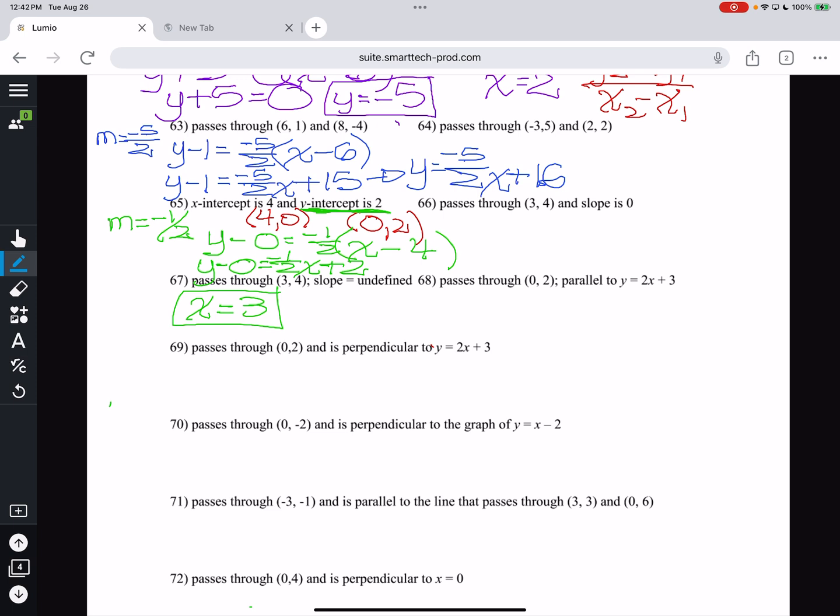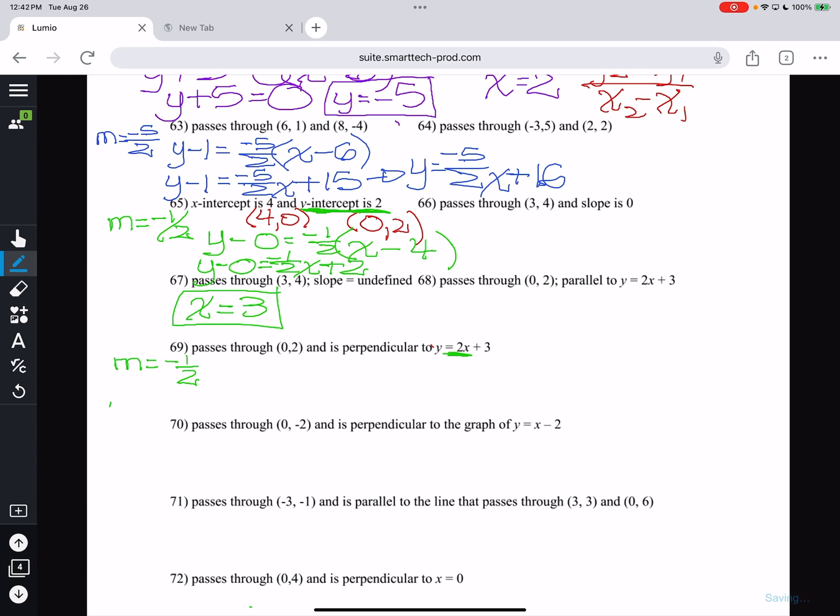And what is the slope? 2. Here's our slope, the m part of the mx. Slope is 2. What is the reciprocal of that? Well, just 1/2 and then change the sign. So the slope we're going to use is negative 1/2.